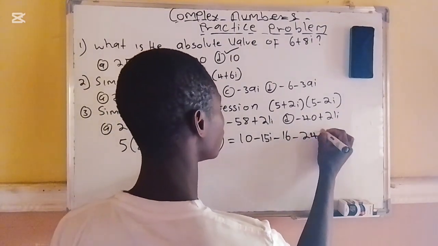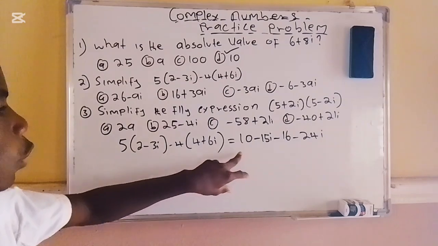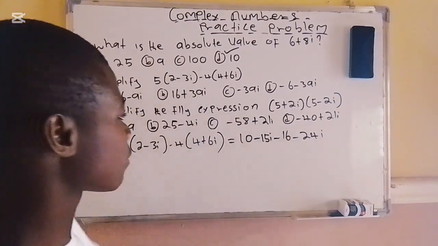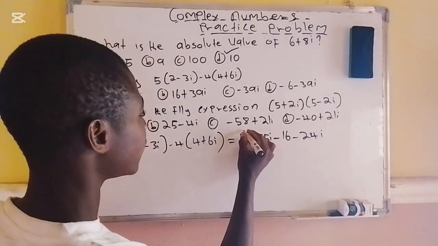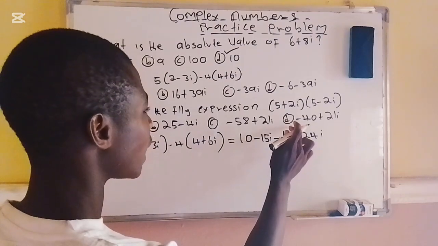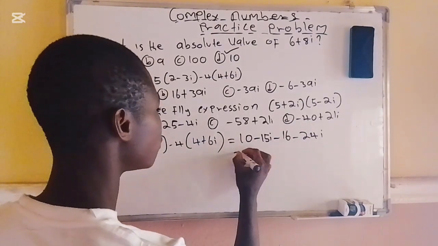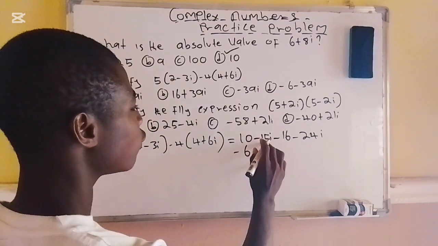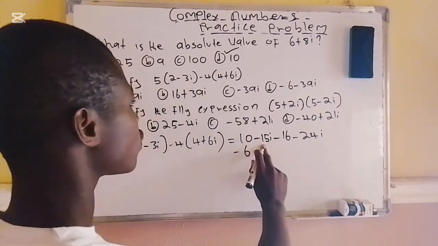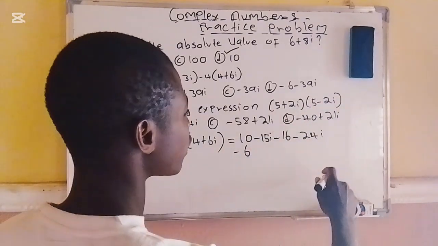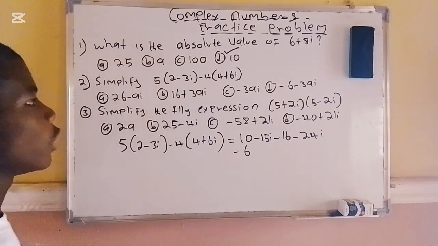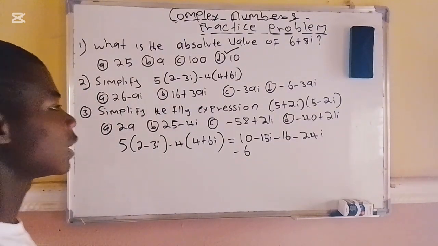Minus 4 multiplied by positive 6i will be equal to minus 24i. So therefore, we have to check whether we have like terms. We have 10 as a real part, and we have 16 as a real part. 10 minus 16 gives me minus 6. And then minus 15i minus 24i gives me 39i.